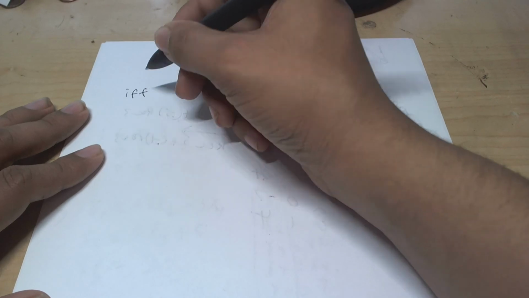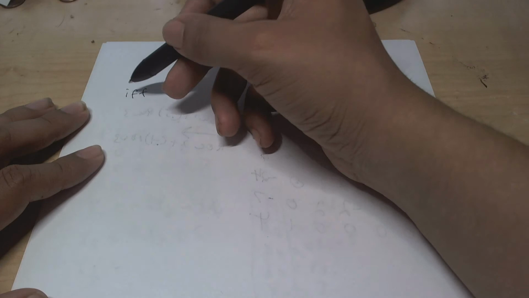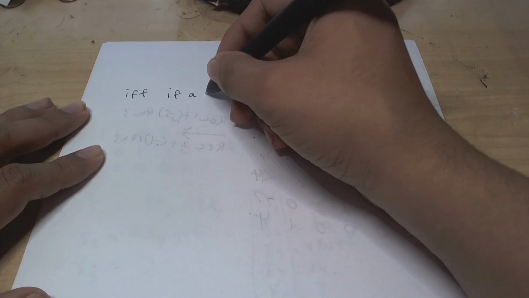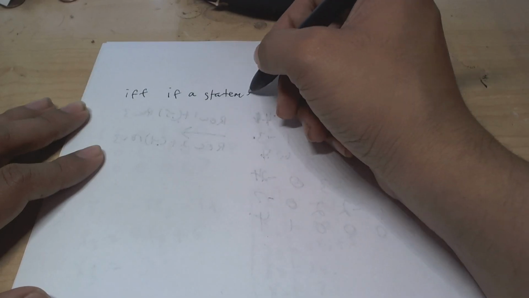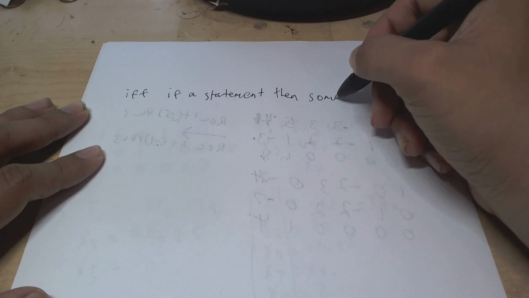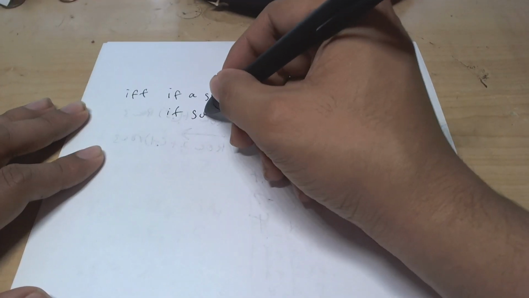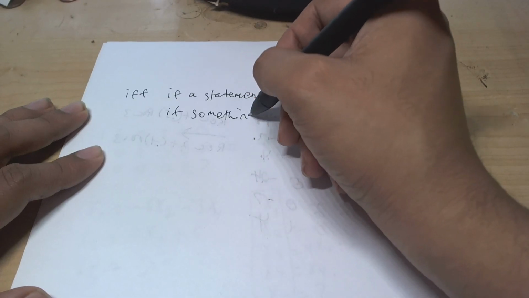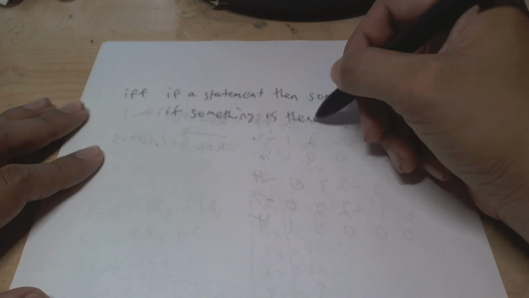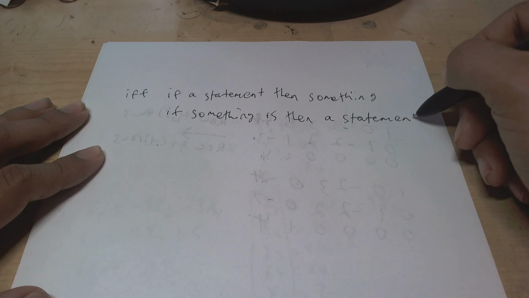I'm going to shorten it to IFF, because that's what the professors do. If and only if means: if a statement, then something, and if something, meaning that same something, is then that same statement.